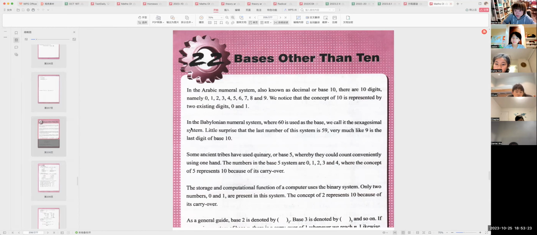Okay, let's take a look at this one. In the Babylonian numeral system, where 60 is used as a base, we call it the sexagesimal system. The last number of the system, of course, is going to be 59. Get it? So they count 1, 2, 3, 4, 5, all the way from 1 to 59. But after 59 will be what?